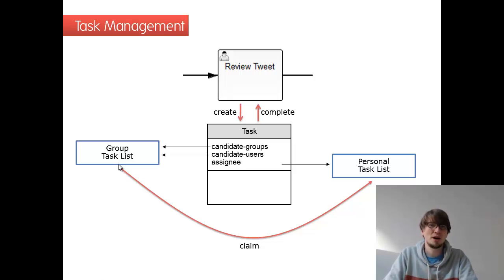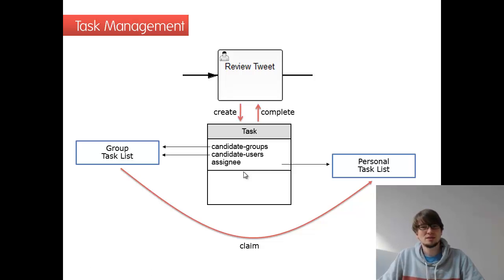Okay, so everybody in management or everybody in sales sees the task, but only one of them is doing it. And this is in contrast to what we call the assignee and BPMN calls the human performer. That's one guy who really does that task.